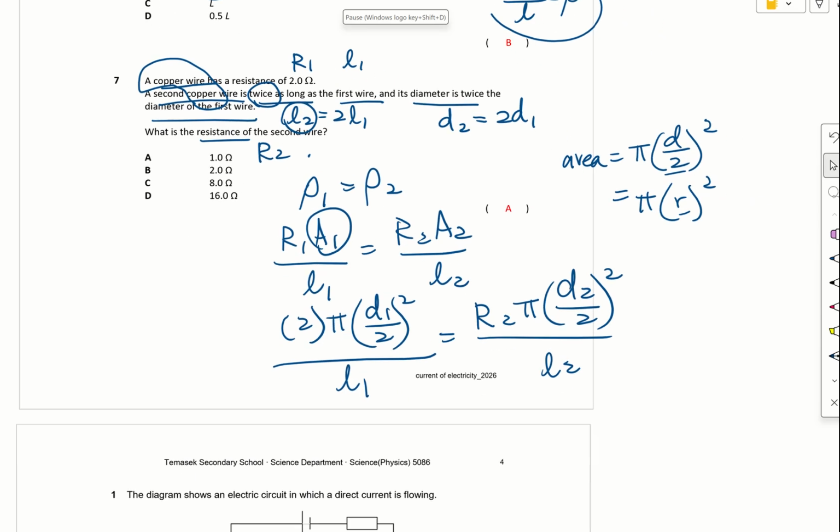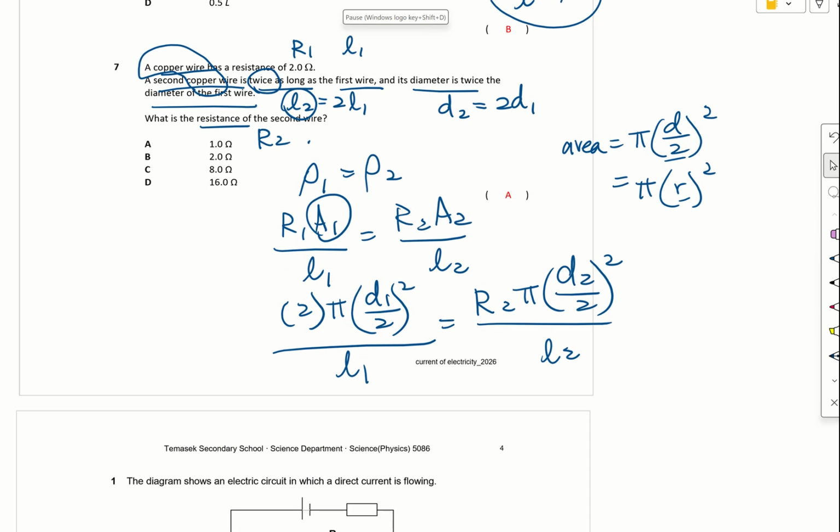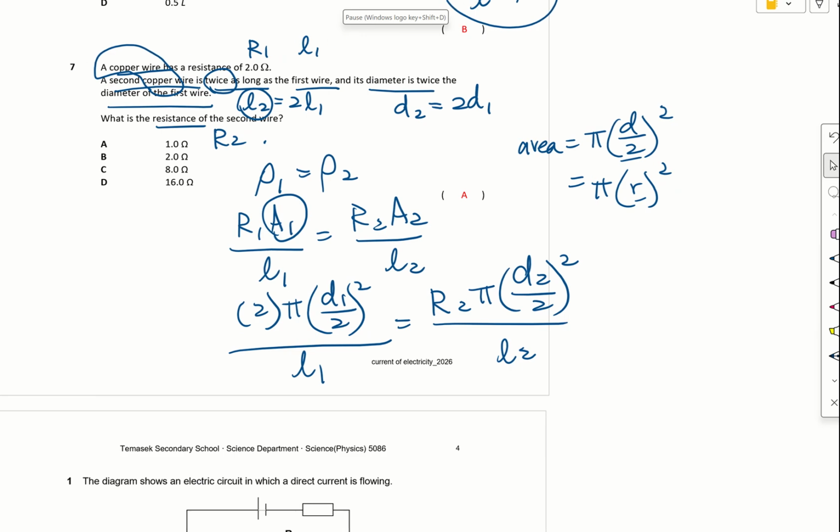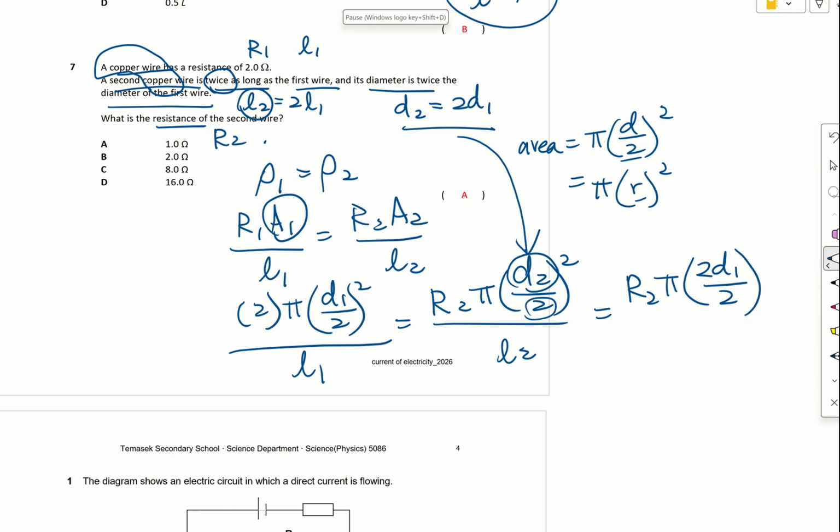But from the question, we know that D2 is twice D1. So I'm going to put 2D1 into the formula, right? I'm replacing my D2 with 2D1. And don't forget, I have a 2 below and I have a square. How about for L2? L2 is actually twice the length of L1, so I get 2L1.